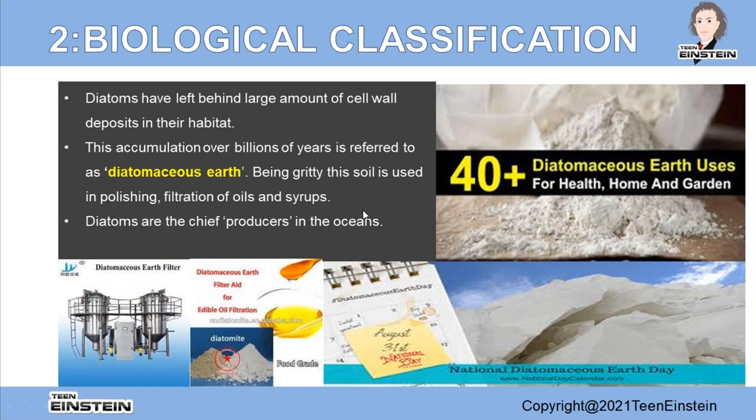And this soil seems to be gritty. This gritty soil is used in polishing, filtration of oils and syrups. It has so many usages.